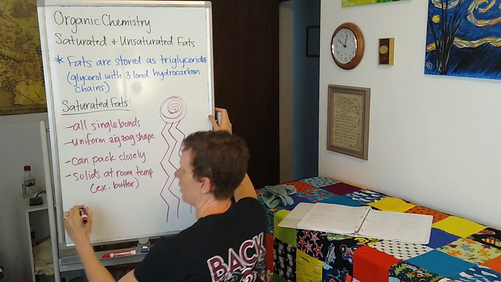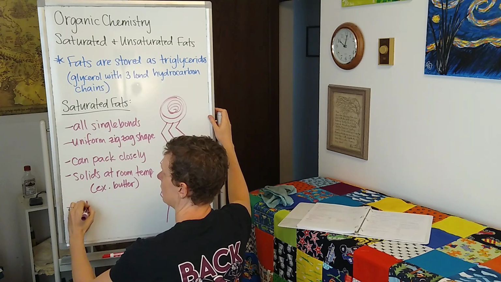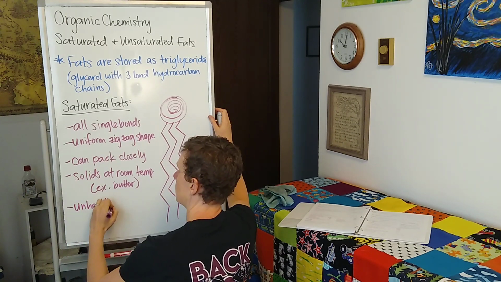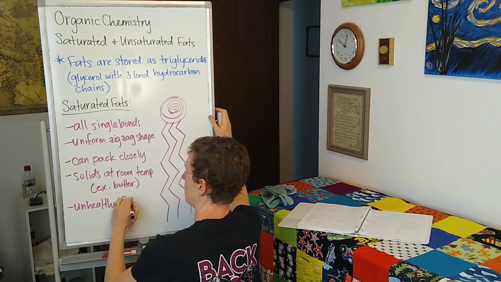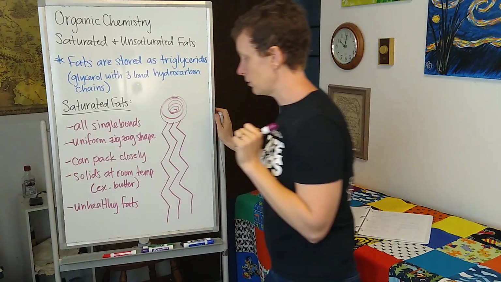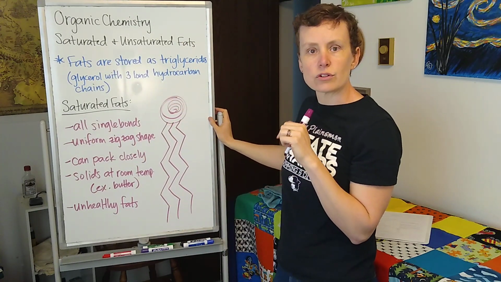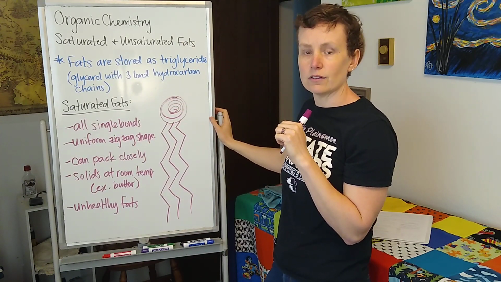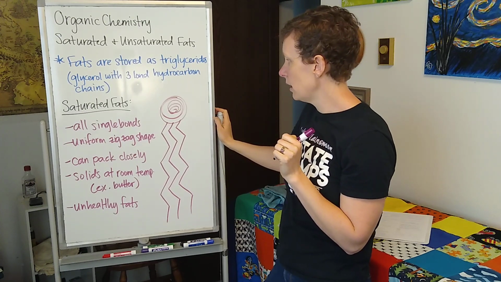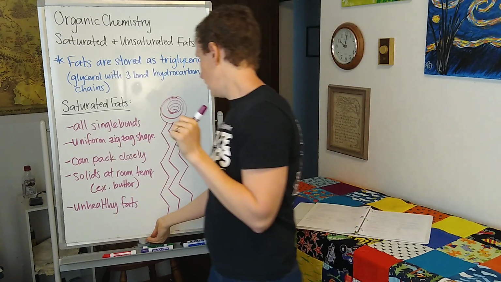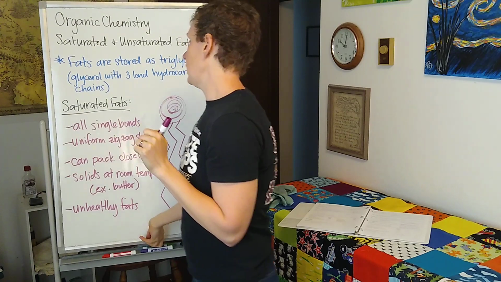So these are the unhealthy fats. We want to reduce how many of those are in our diet. It's not an all or none kind of thing, but reduce. Everything in moderation.